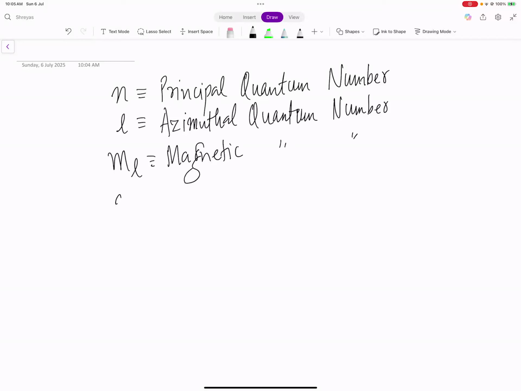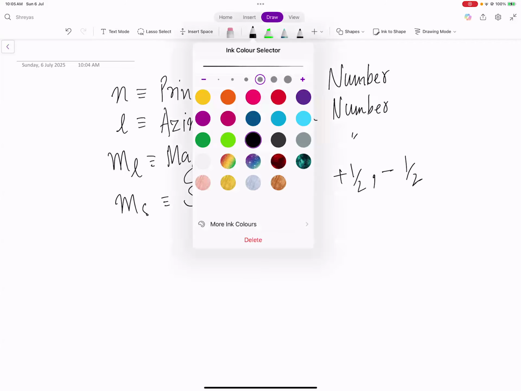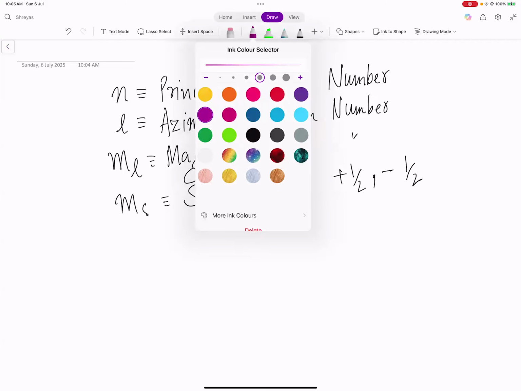And I have MS, spin quantum number. It has only two values possible, plus half and minus half. And now we start.